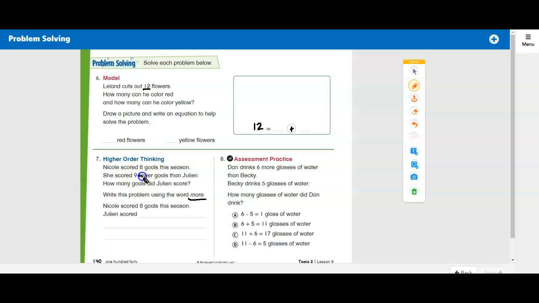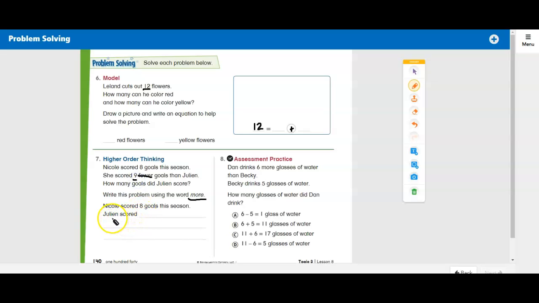We want to change the word fewer and replace it with more. Because when we are saying she scored 9 fewer goals, that just means that Julian scored more. How many more goals did Julian score than Nicole? 9.